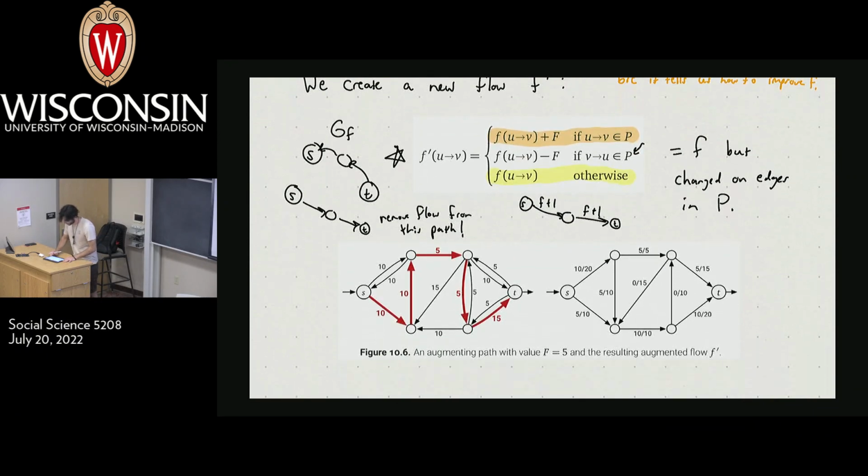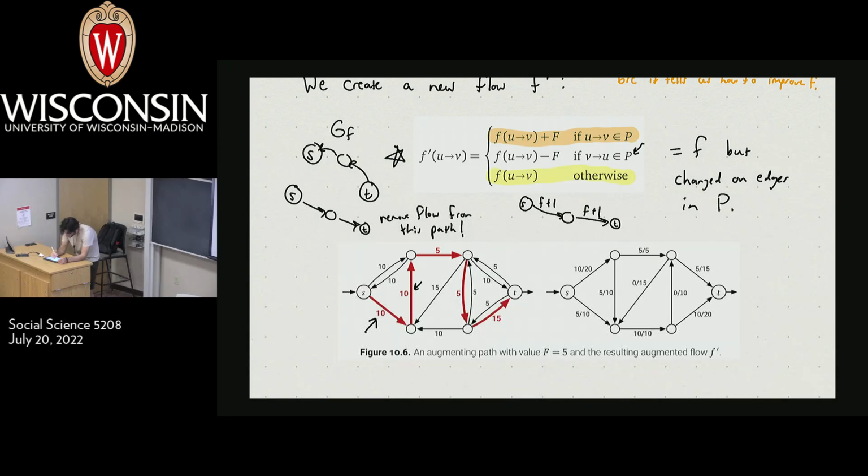Okay? So here's a picture representation. This path in red here is an augmenting path. The 10 here indicates we can increase the flow by 10 on that edge. The 10 here means, again, we can increase it.